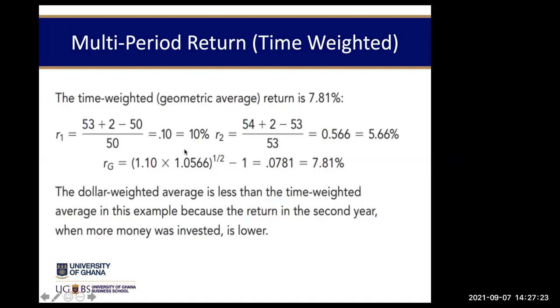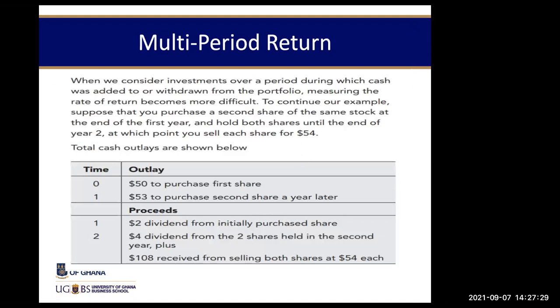Okay, but in this particular example, let's look at it again. If you go back to the data that we have, how much did we invest in the first year? 50. Yeah, so initially we bought one stock at $50.